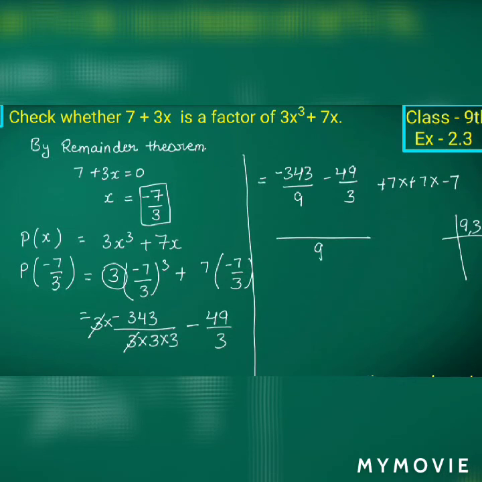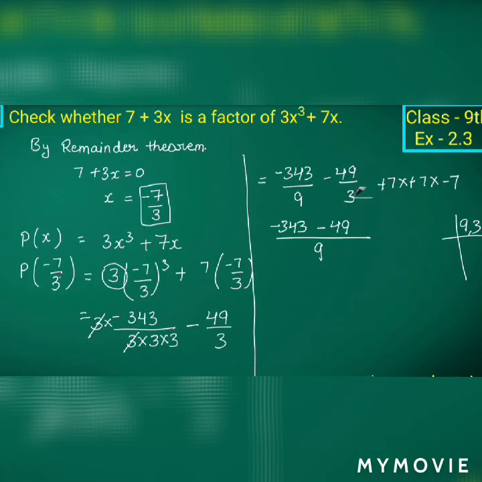So minus 343 minus 49 into what do we have to take? 3, isn't it? So minus 49 into 3 we have to do. Since for the fraction minus 343 by 9 we already have the denominator 9, it stays the same.